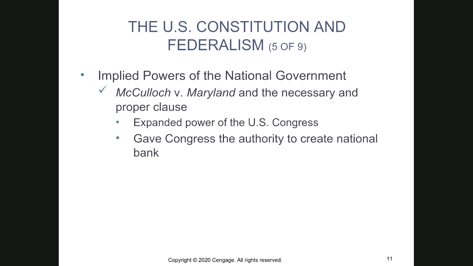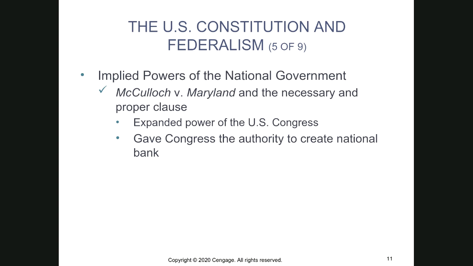Well, what the court decided was that this was really an implied power. It's really the first time that you see the court look at the necessary and proper clause and start giving this expansion of federal power. They say, okay, even though it's not listed anywhere in Article 1, Section 8 that Congress gets to create this bank, we know that Congress gets to coin money.